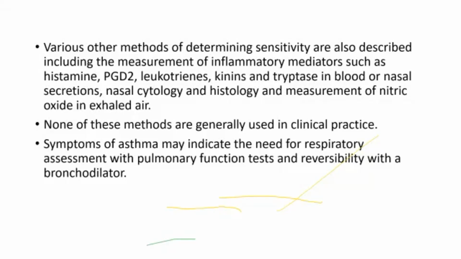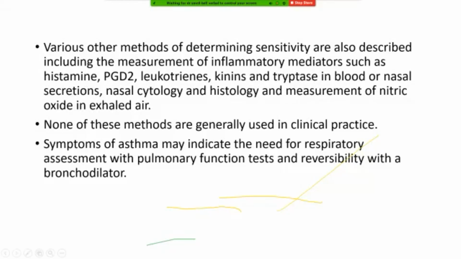Nasal cytology, like eosinophil count, and histology, where very chronic changes are seen, and measurement of nitric oxide in the exhaled air. Exhaled nitric oxide is also very important sometimes. Of course, these are important experimentally, not for clinical practice, but you can mention them in detailed discussion. Asthma symptoms need a pulmonary function test and reversibility with a bronchodilator. You have to go for PFT for an asthma patient, as everybody knows.